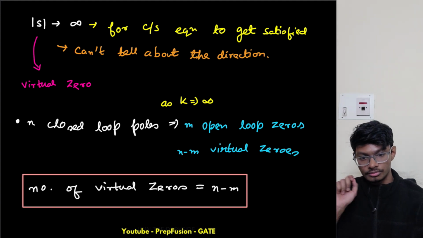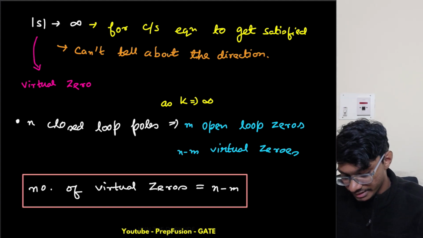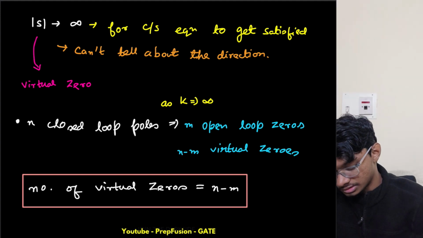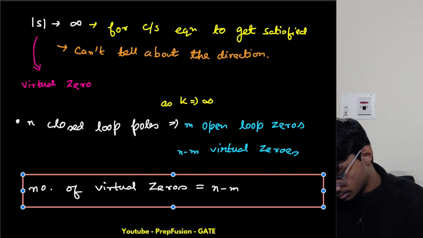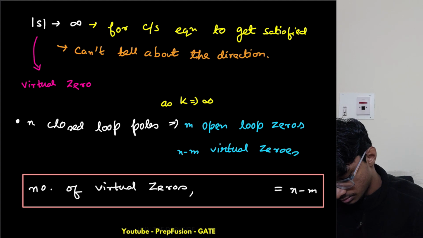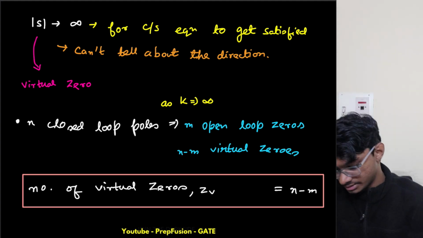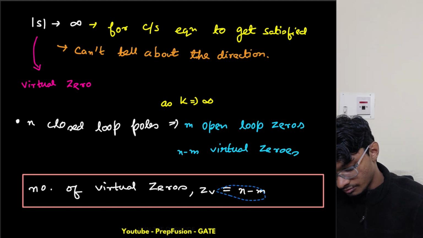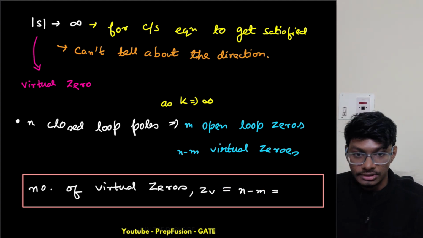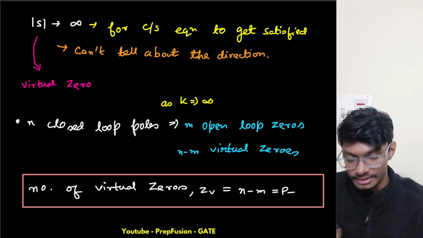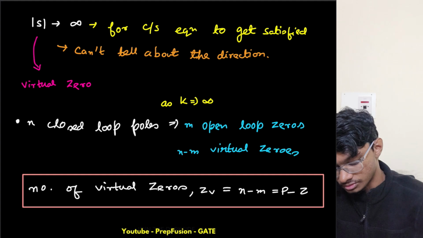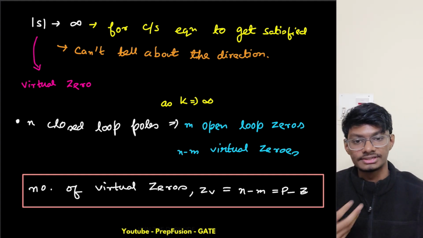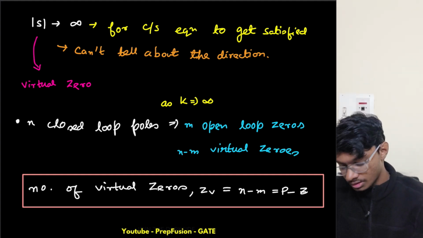To remember this in short form, a few people prefer to write the number of poles as p and the number of zeros as z. This is easier to remember. This p is the open loop poles and the z is the open loop zeros. Okay, so yeah, these are the things, right?